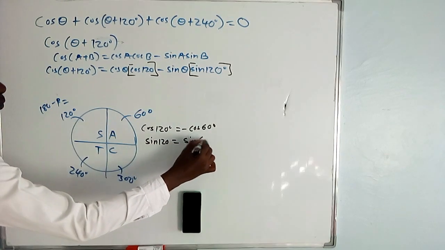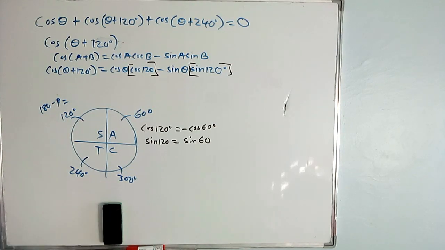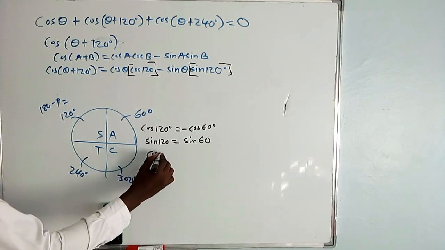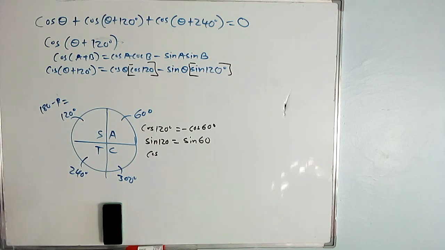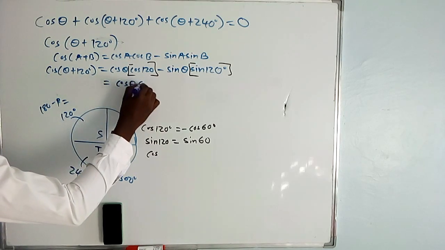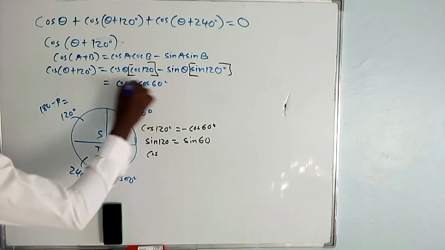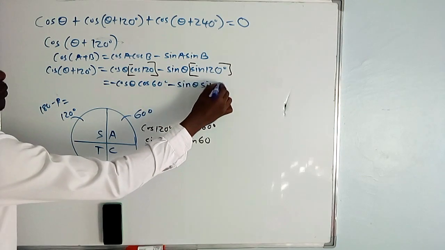So you have minus sine theta sine 60 degrees. Are we together? Minus sine theta sine 60 degrees. So we are done with that. Go to the next one.